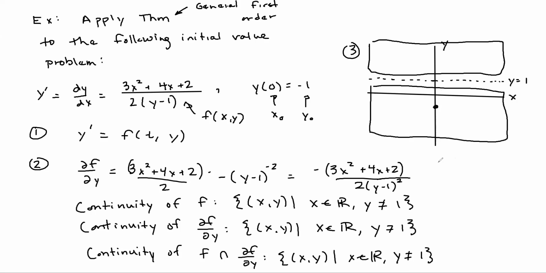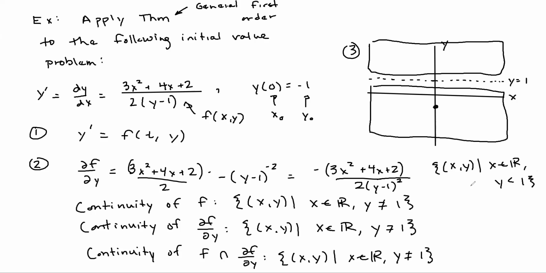Okay, and so this would end up being our answer. If you were to give your answer, where are we guaranteed? Well, hold on. Let's qualify that. So we have x and y, where? What's the condition here? x could be anything, and y has to be less than 1. That's the box that contains the initial condition.